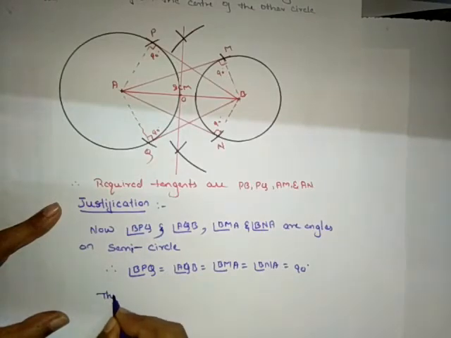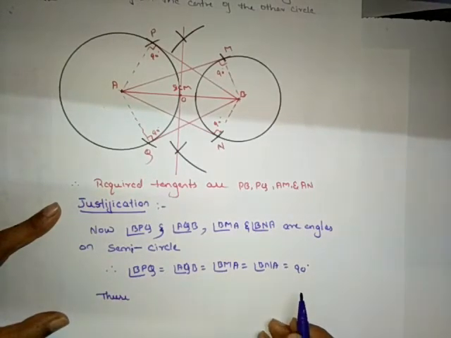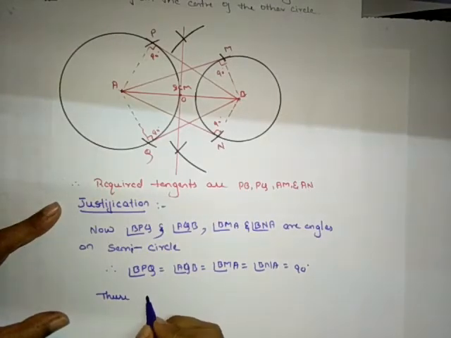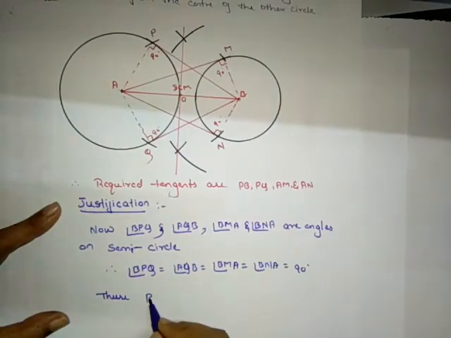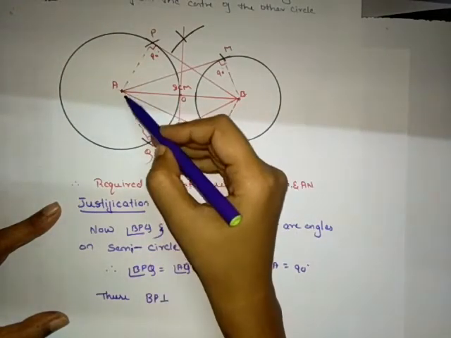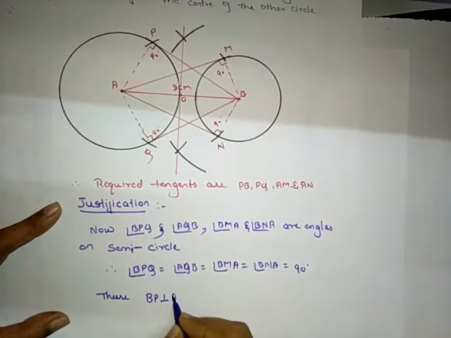So thus we can say that if these are all equal to 90 degrees, tangent PB or BP is perpendicular to the radius AP.